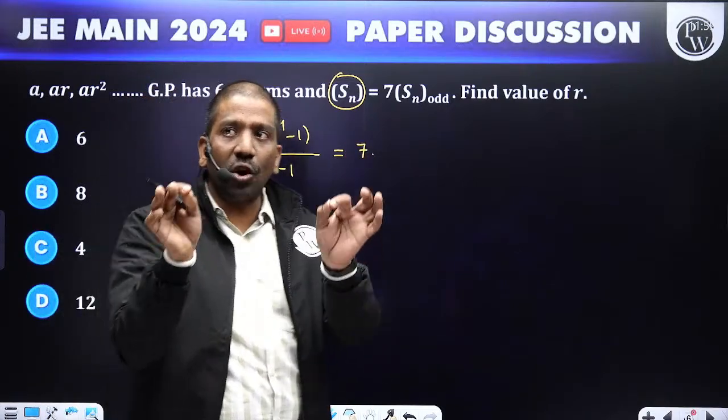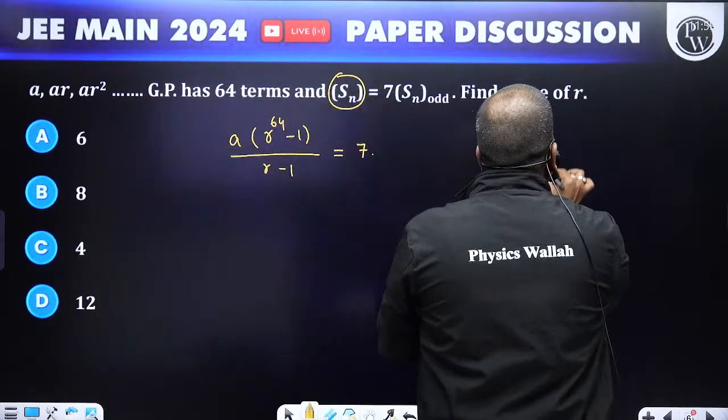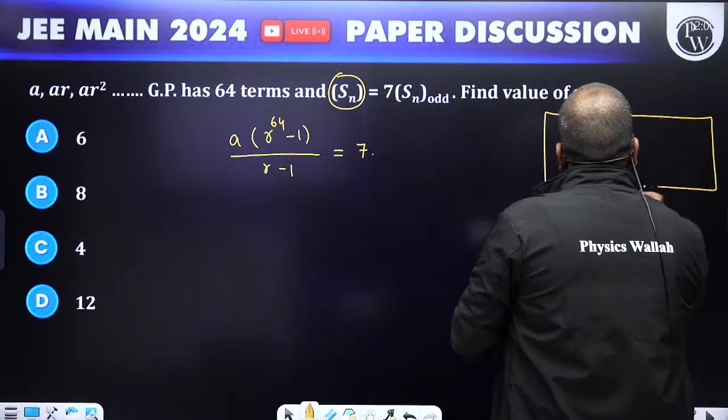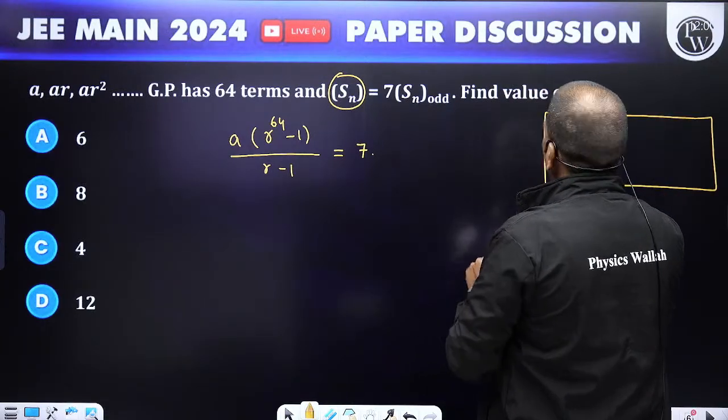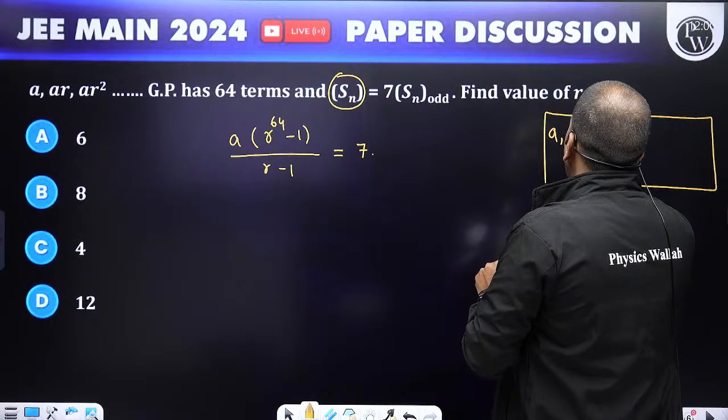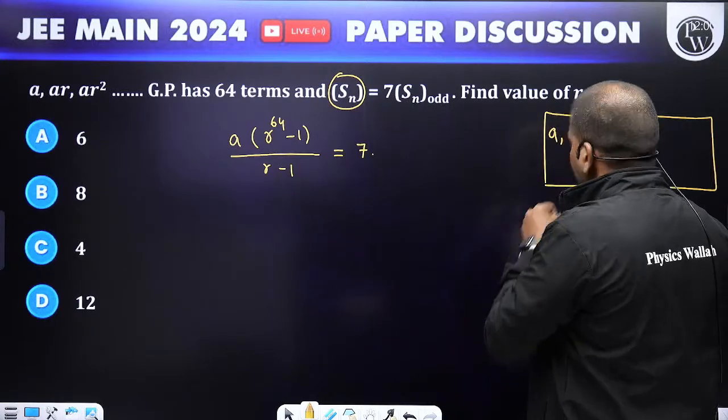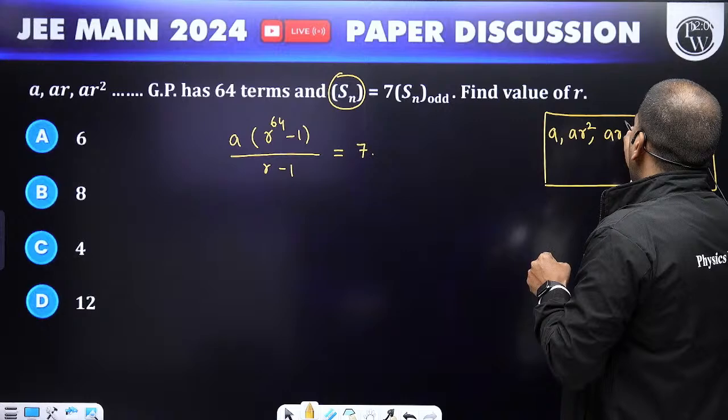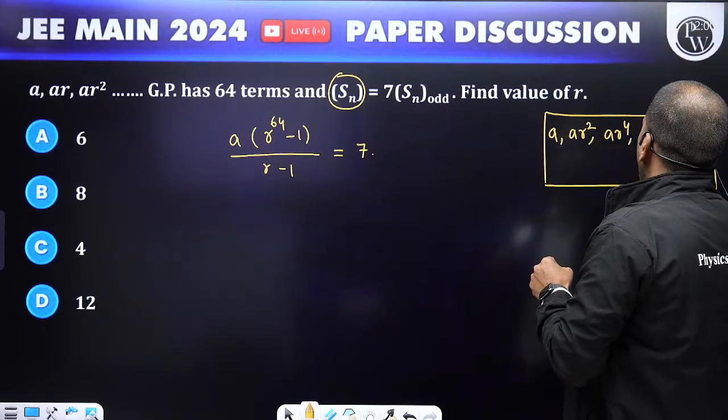the sum when we consider only odd terms. What do we get? First term, third term A R squared, next the fifth term A times R power 4, and so on.